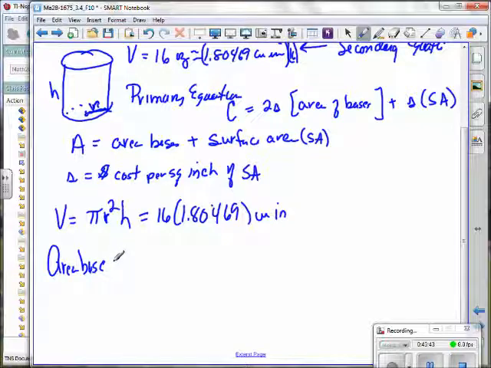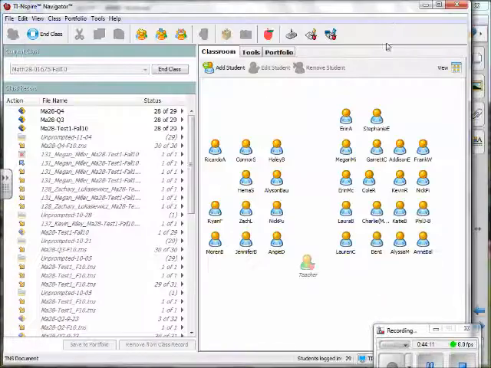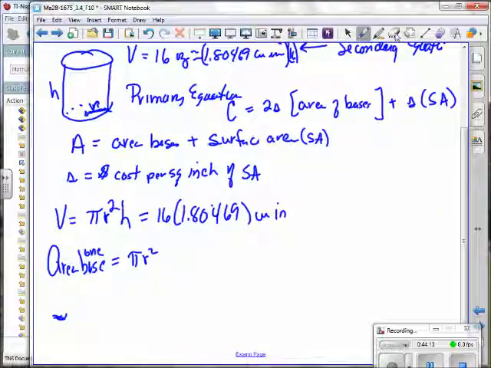So what's the area of one base? Pi r squared. Okay. Area of 2 bases would be twice that. Okay. What is surface area? Area of the sides of that. Well, just to right here. What's the surface area?